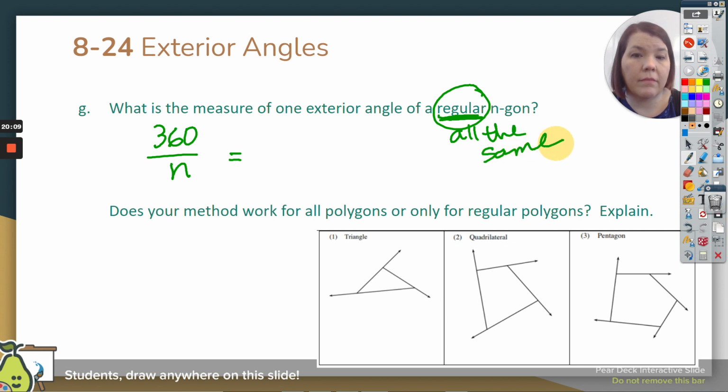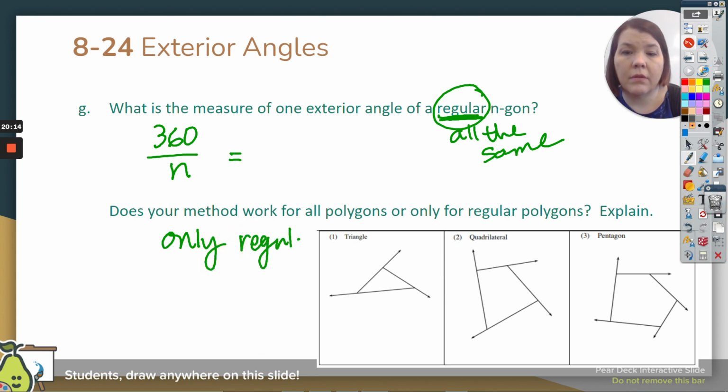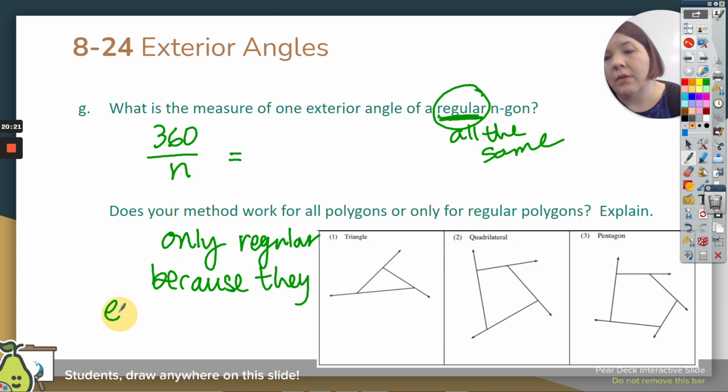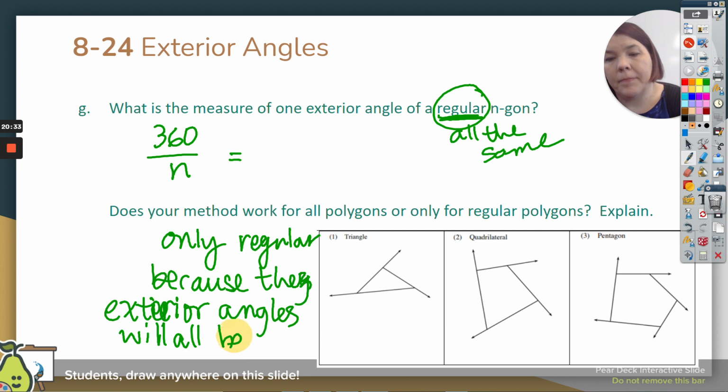Only regular, because they will all be equal. Okay, I believe we're coming close to it.